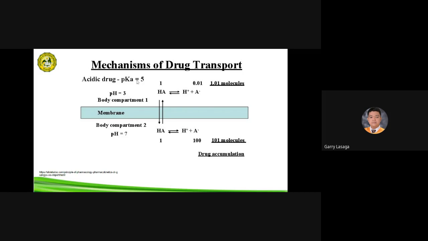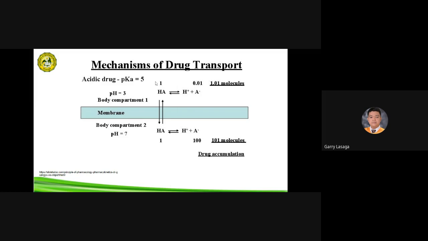There is a 2-point difference between the pKa and the pH of the environment, so a 2-point decrease in the pH of the environment, from 5 to 3, results in a hundredfold increase in the proportion of the unionized form of the drug and a corresponding decrease in the proportion of the ionized form of the drug.